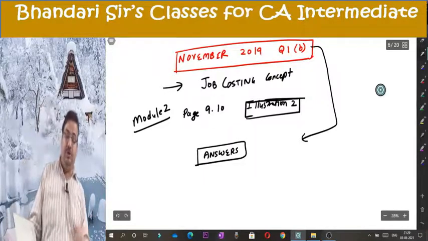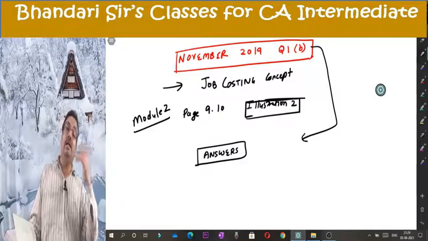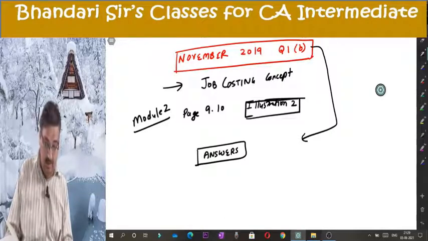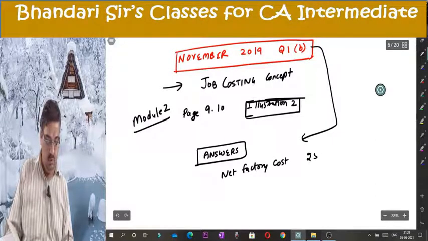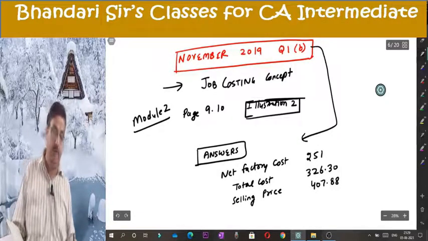You will be looking at illustration 2 in detail with all detailed working I will explain, and exactly in same manner you will be solving this November 2019, and answers you will get: net factory cost 251, total cost 326.30, and selling price 407.88.